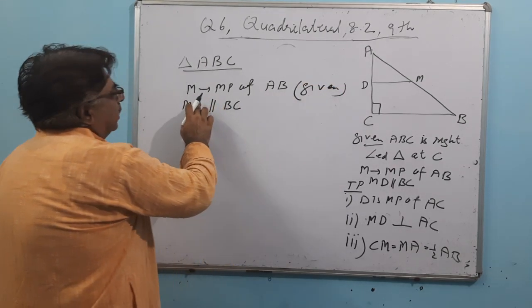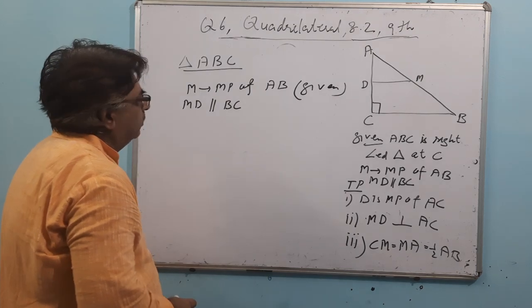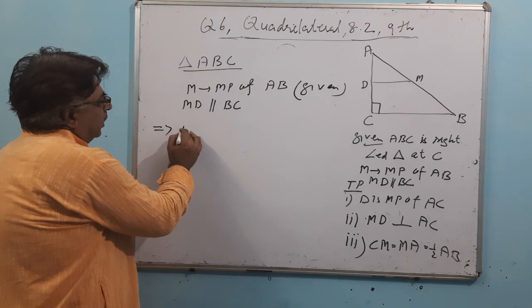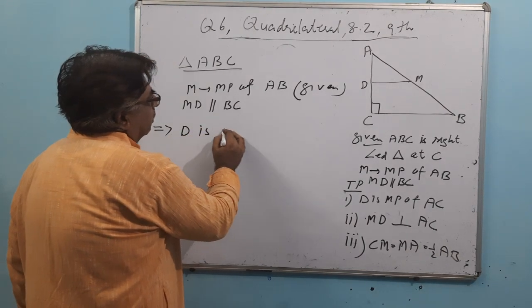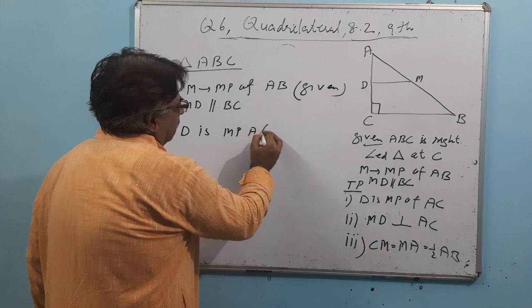So M is the midpoint of AB, MD is parallel to BC. So by midpoint theorem, D is midpoint of AC.